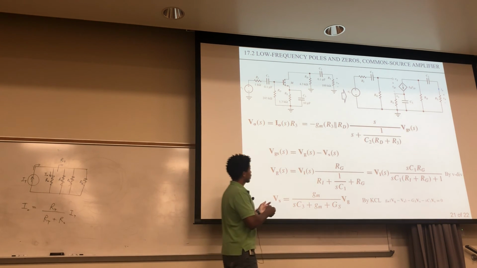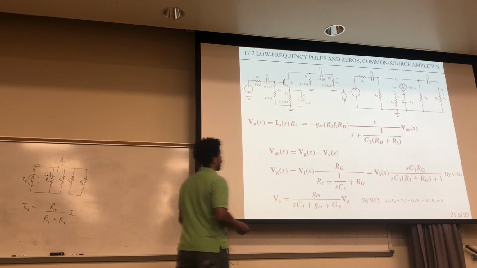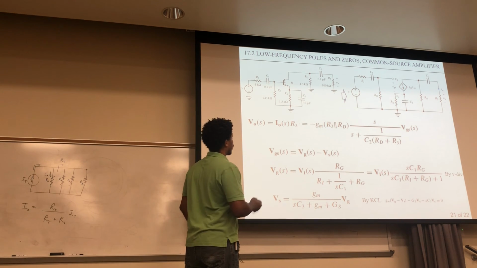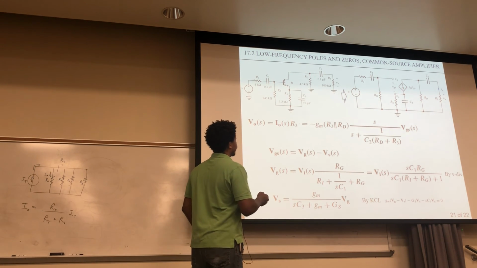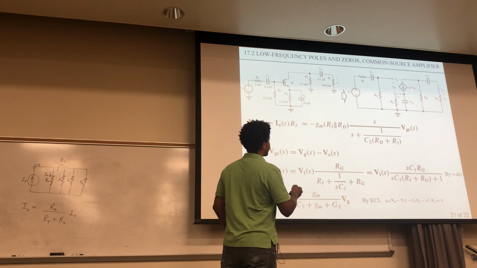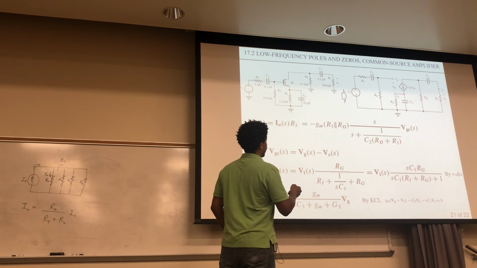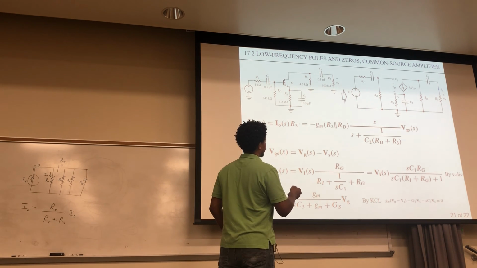For Vs right here, we get that by KCL. And so that's this right here. You have this current gmVs going into that branch. You have this current going out, and that's Vs minus 0 divided by 1 over SC3.